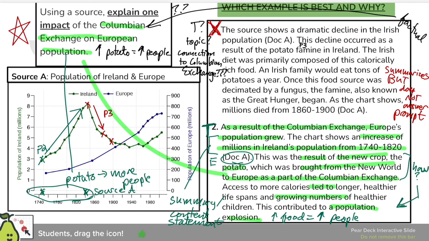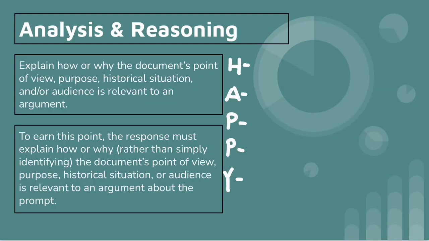So we've covered the summarizing of documents. Remember that for the content point under evidence, you can get points for summarizing the main idea. To get 1 point, how many documents do you need to summarize and use? 2. To get 2 points, how many documents do you need to summarize and use? 4.